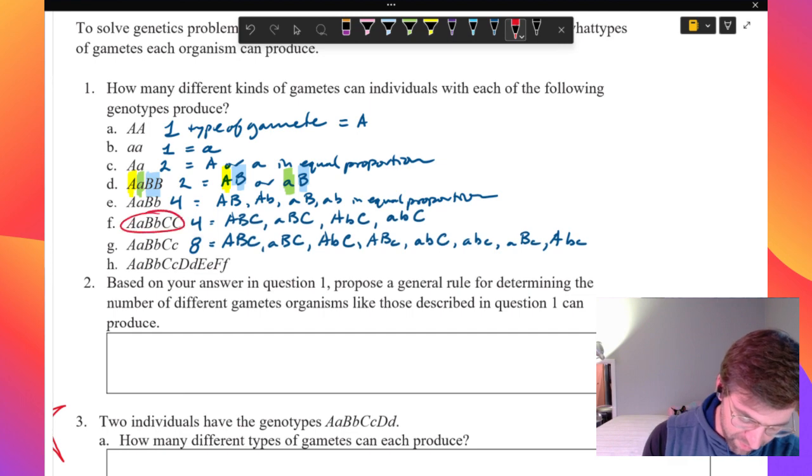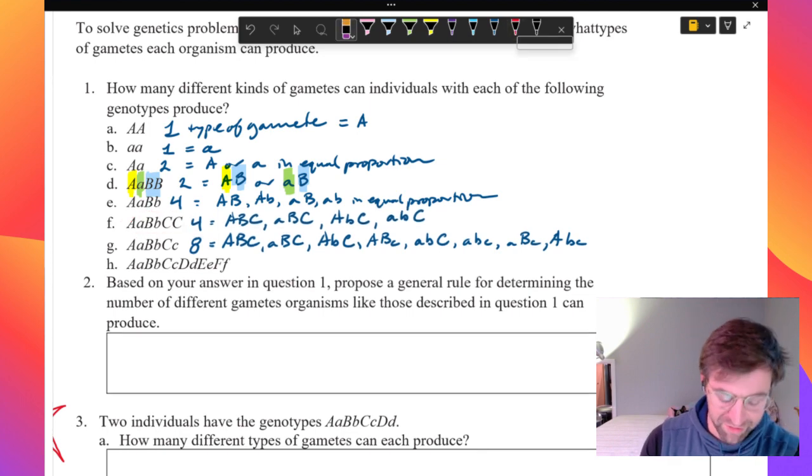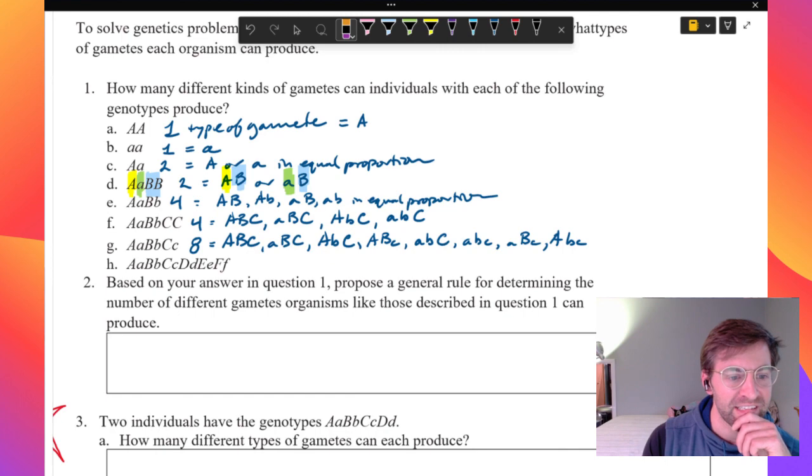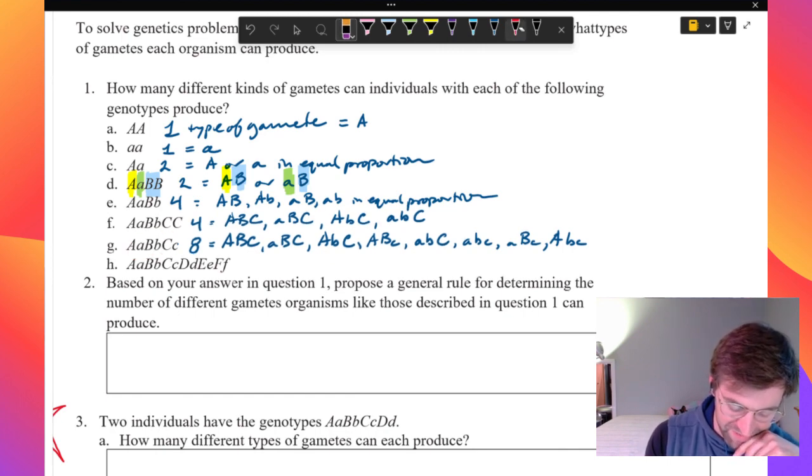And if 3 of those produced 8 different types, if we're simply multiplying by 2, that wouldn't be right though.